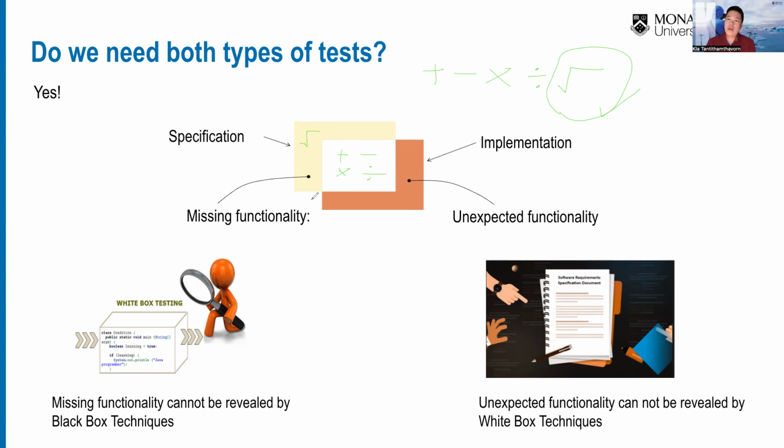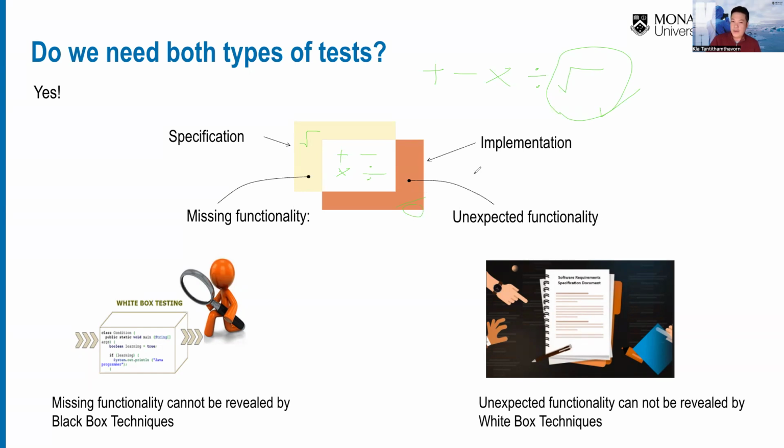But when you implement the plus, minus, multiplication and the division, and you look into the code, you may have some unexpected functionality. Let's say you know that with the division, we need to handle the division by zero. In mathematics we cannot divide by zero, so this could be the unexpected functionality, right?